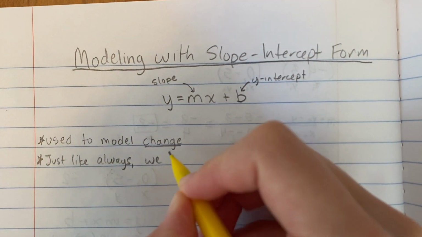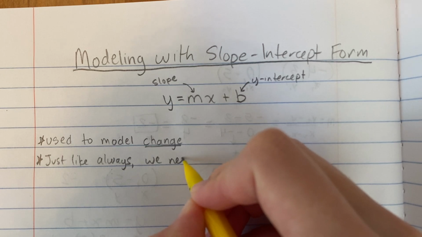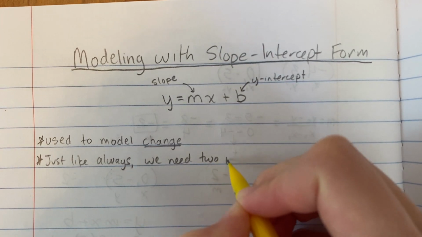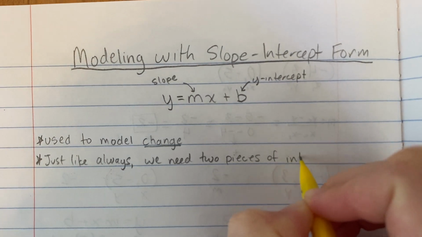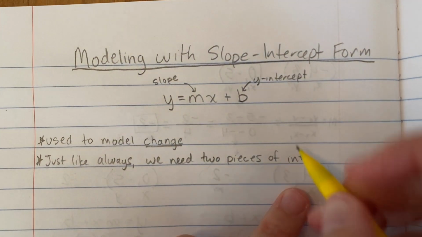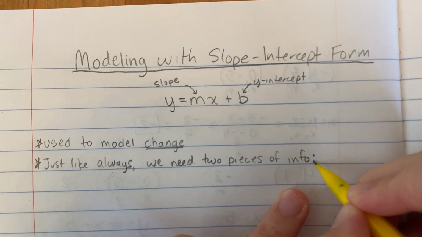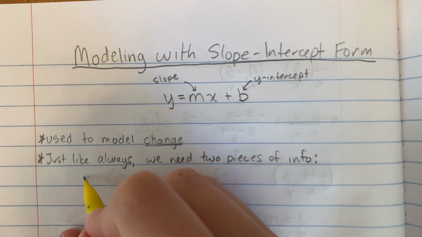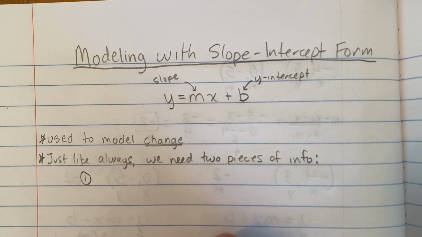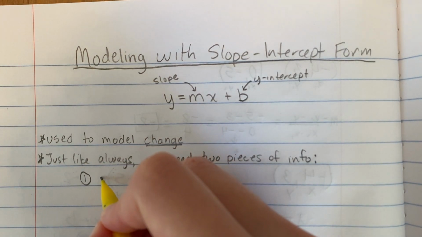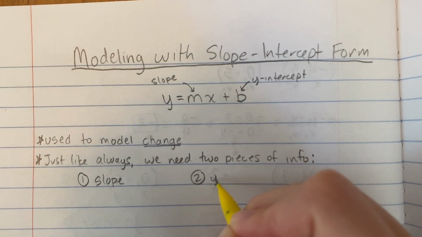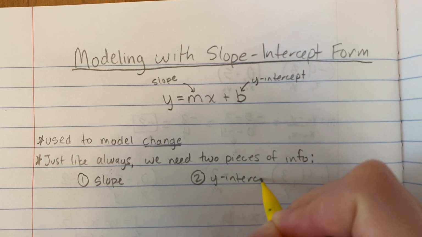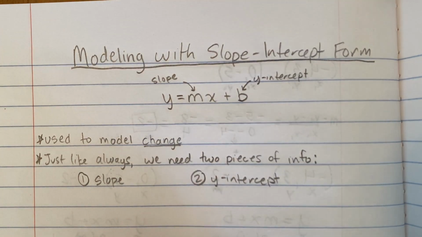So we still need two pieces of information: the slope, just like always, and the y-intercept, just like always. But the question is, in a word problem, where are we going to find these pieces of information?